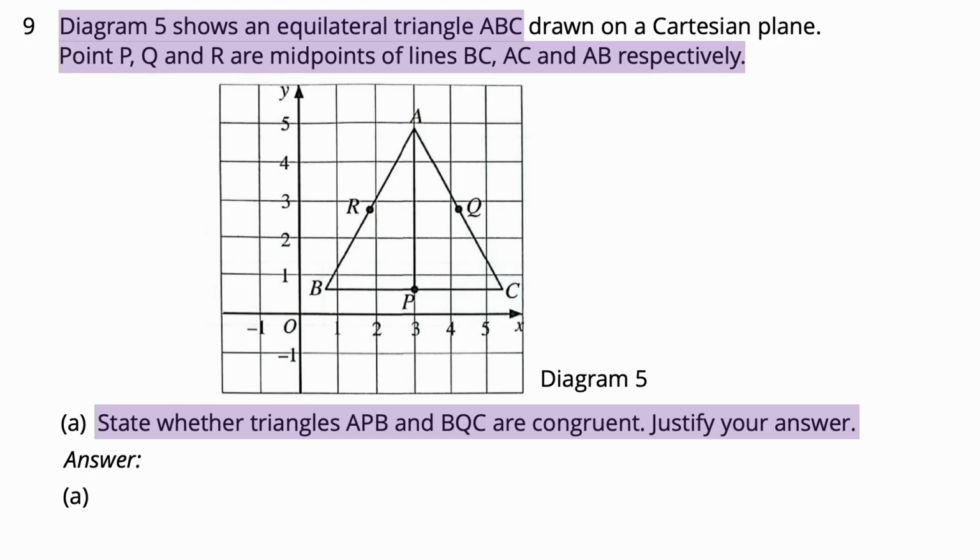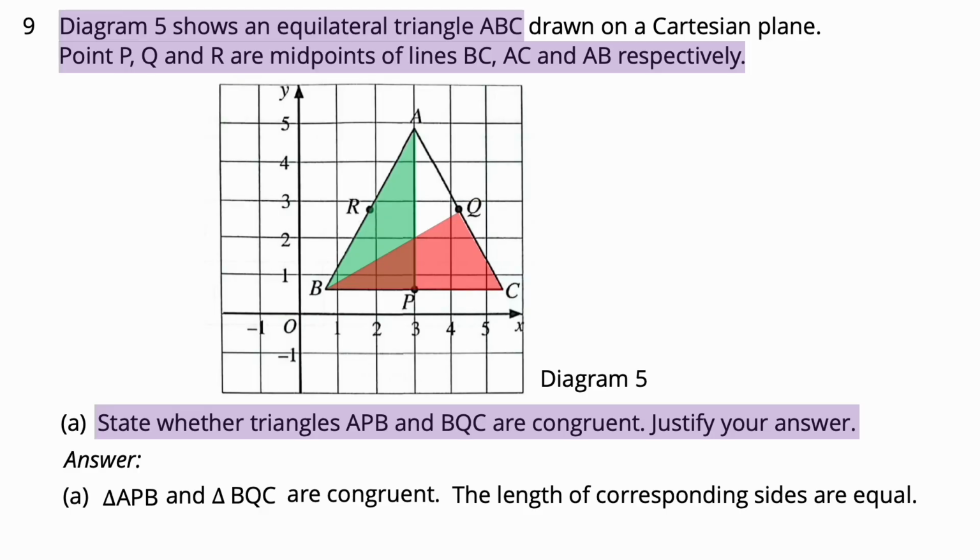Justify your answer. Triangle APB and triangle BQC are congruent due to the length of corresponding sides are equal. AB equals BC, AP equals BQ, and BP equals CQ.